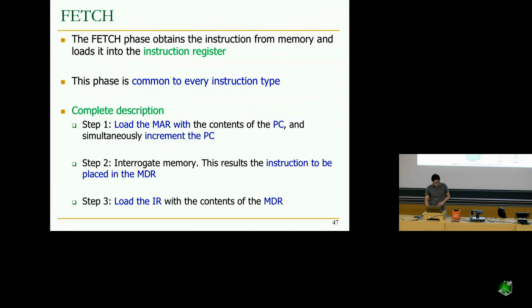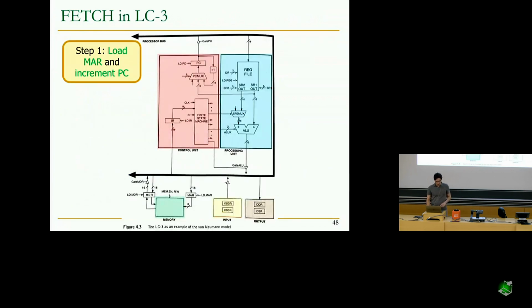Let's take a closer look here on the data path. In the first step, as you see, we move the PC to the MAR, and we also increment the PC.